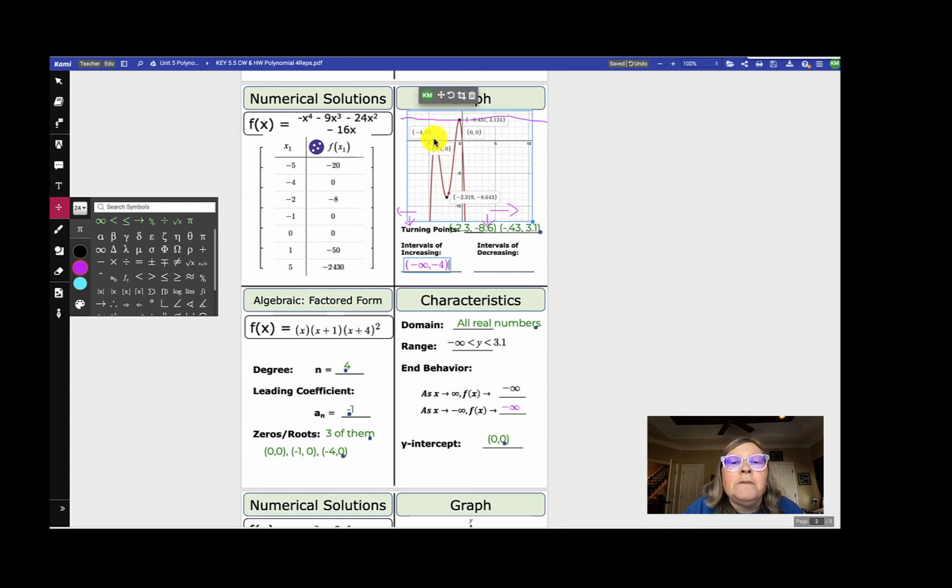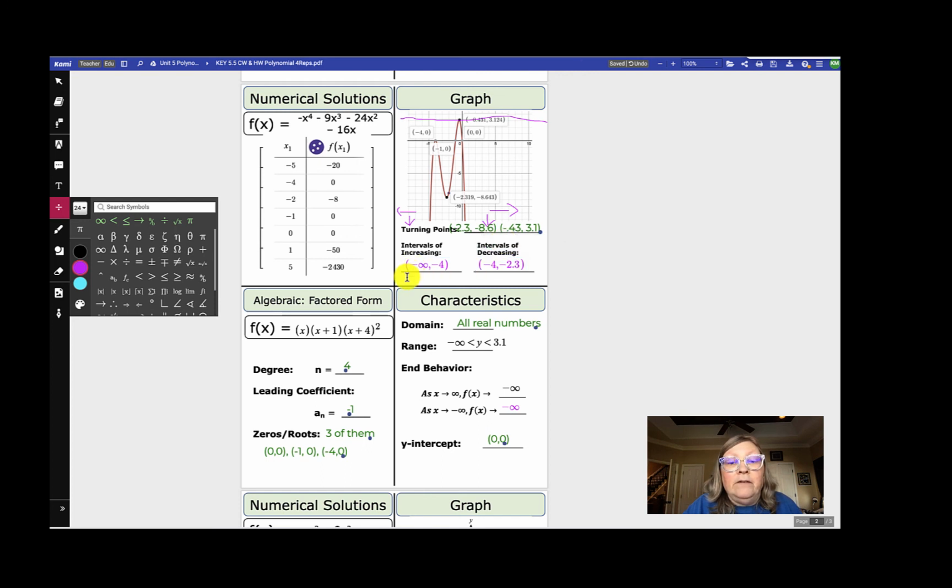So one of the zeros, because it touches and bounces, is actually a turning point. And from that point, it decreases. So from x equals minus 4 all the way up till the x of minus 2.3, it decreases.